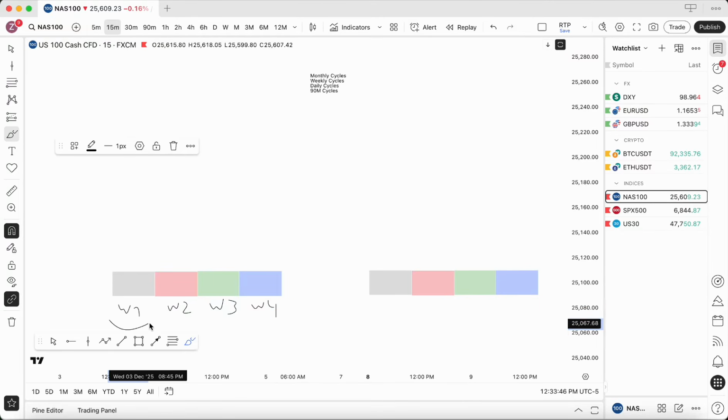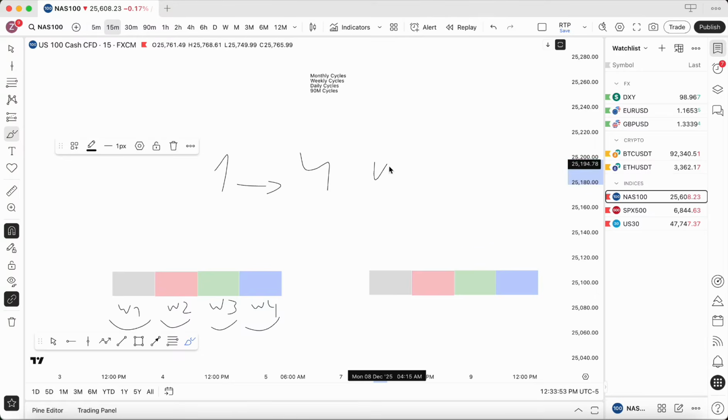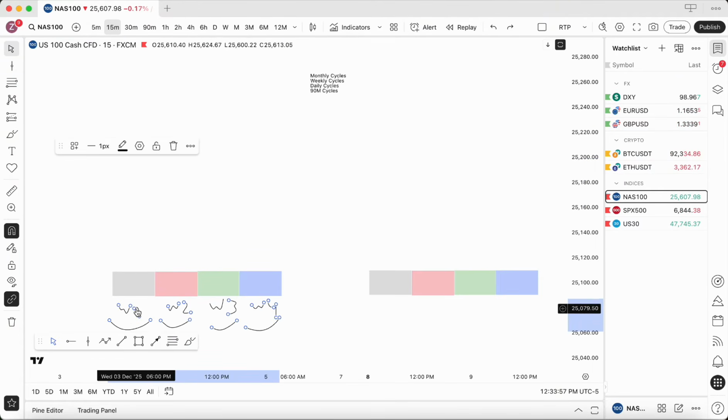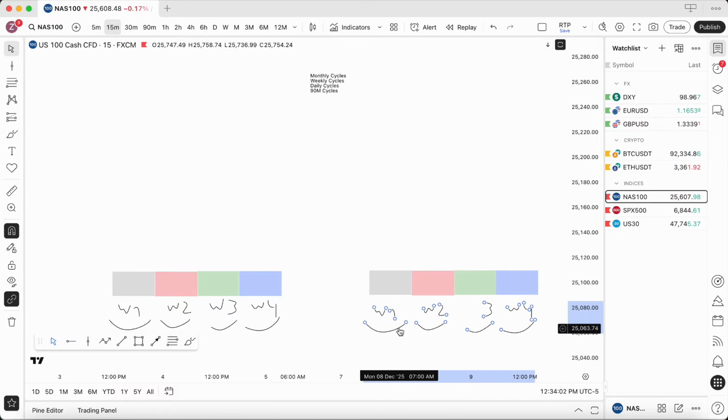These are the monthly quarterly cycles, right? Because 1 month is made by 4 weeks. And like that, this is a strong indication.